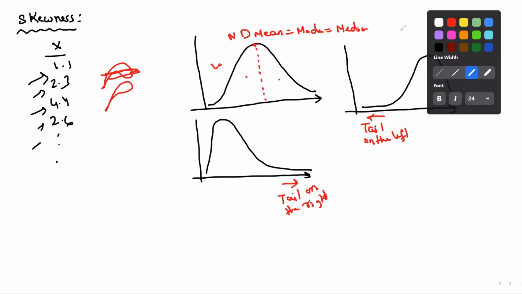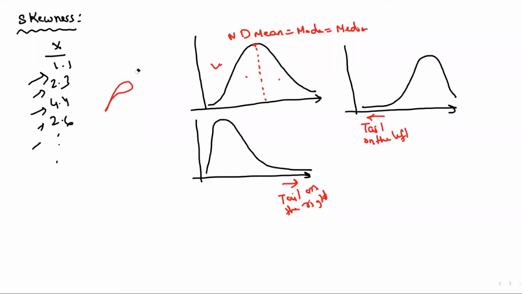Think in that way. I know that I might sound foolish, but this is how we can remember if you want to. So this particular graph is known as left skewed, since the tail is towards the left.